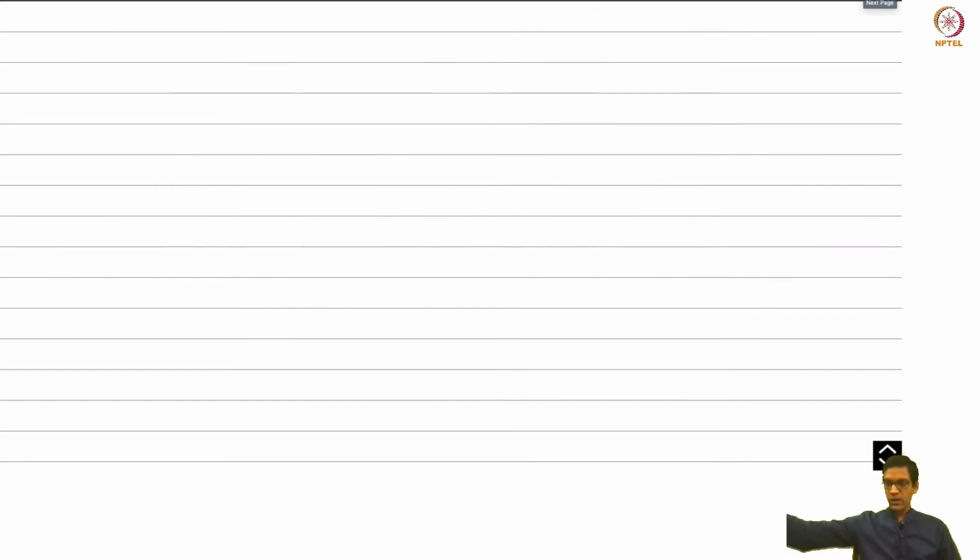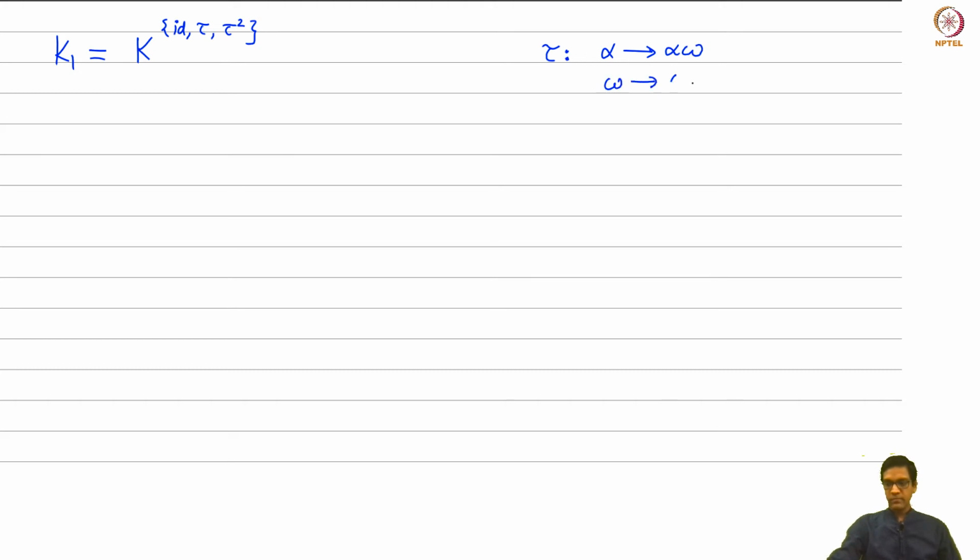Now what is K1? By definition, K1 is the fixed field of the subgroup whose elements are identity, tau and tau square. What is tau? Tau maps alpha to alpha omega, and omega goes to omega.